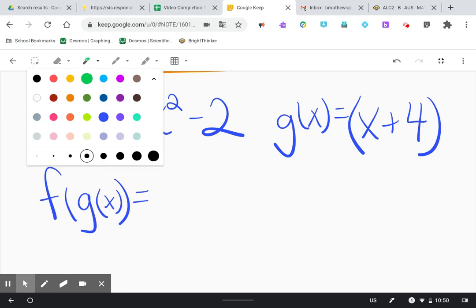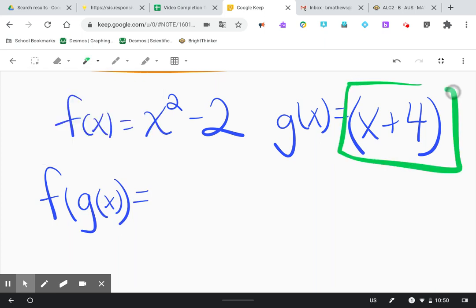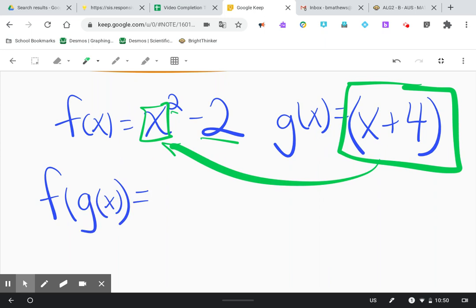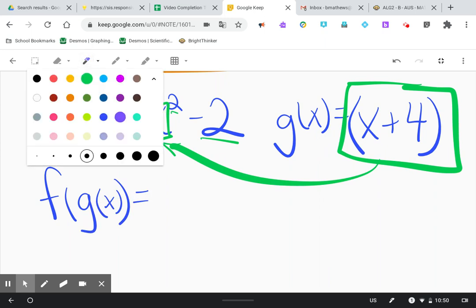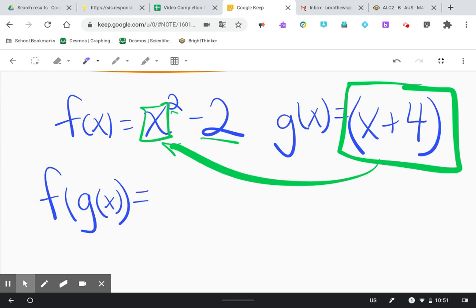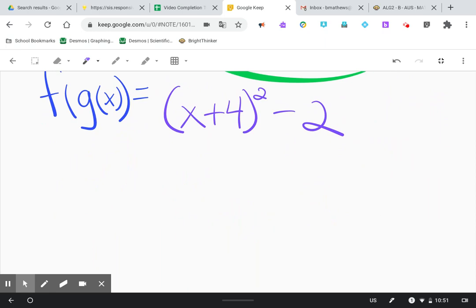Well, again, I'm going to take this entire function and plug it in for the x here. Notice I didn't include the squared, I didn't include the minus 2, just for the x. So the next step looks like this: parentheses, x plus 4 squared minus 2. And then I would need to continue working this out.